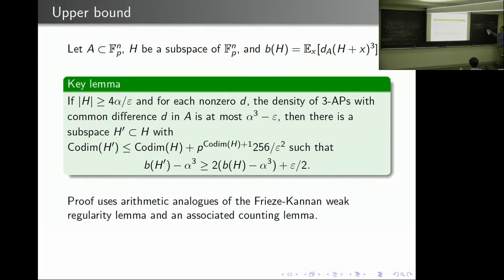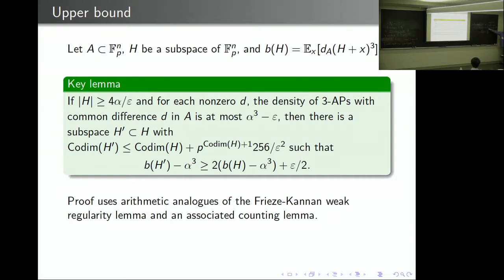Now, this thing here I said is the 3-term arithmetic progression density. It's equal to the expected value over x and d in F_p^n of f of x, g of x plus d, h of x plus 2d in general.